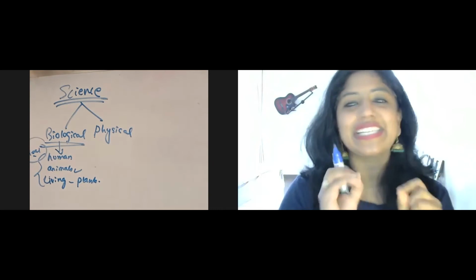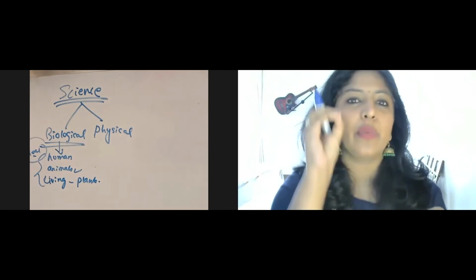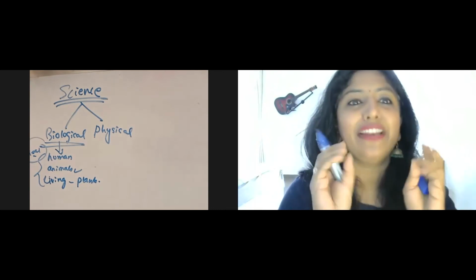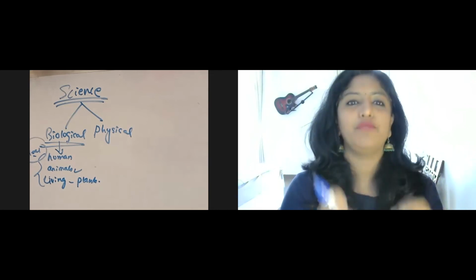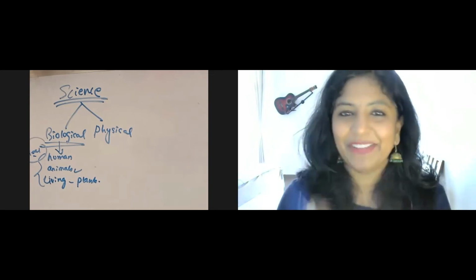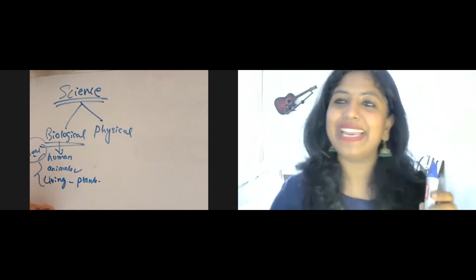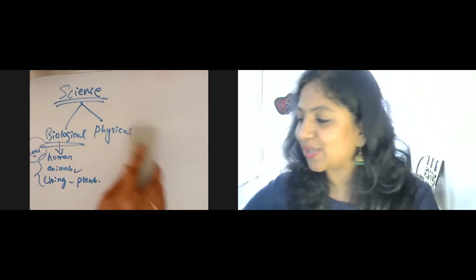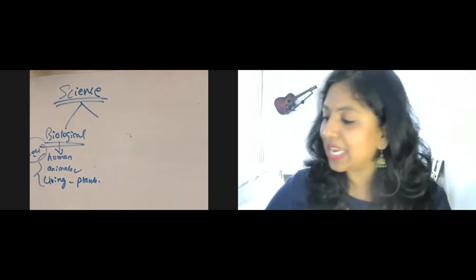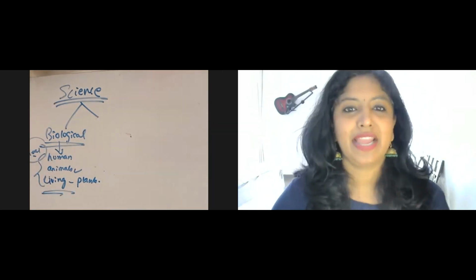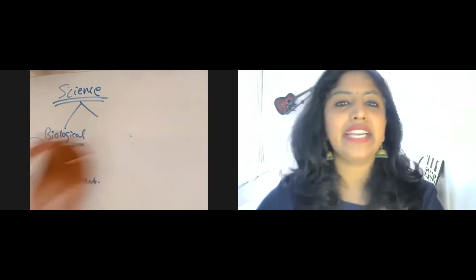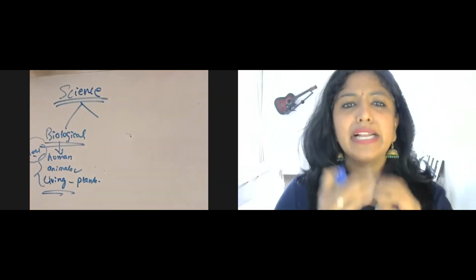So in biological science, we would be dealing with, or we are going to be learning about, all the living things, which are real. And now the child has to get fascinated about learning the living things. Now, again, I would divide this biological science into multiple parts.